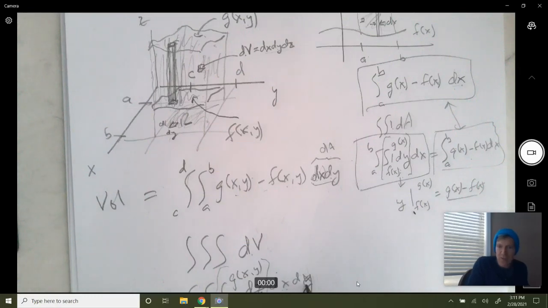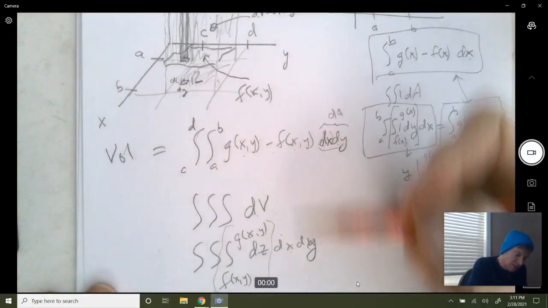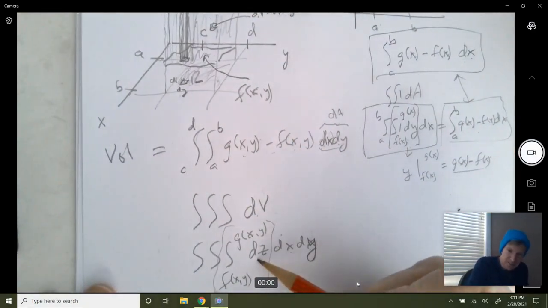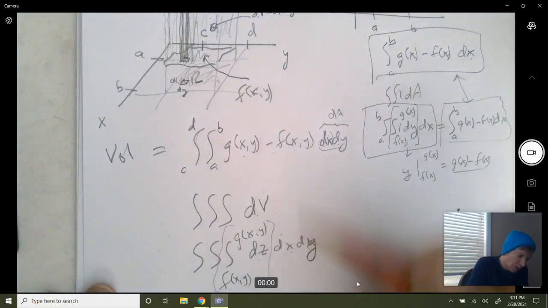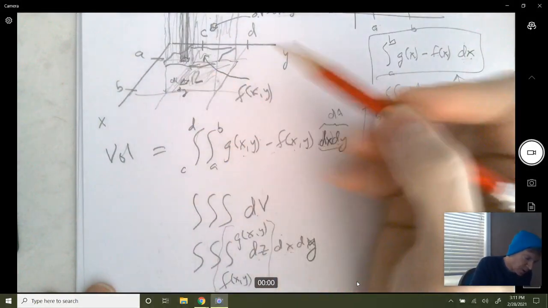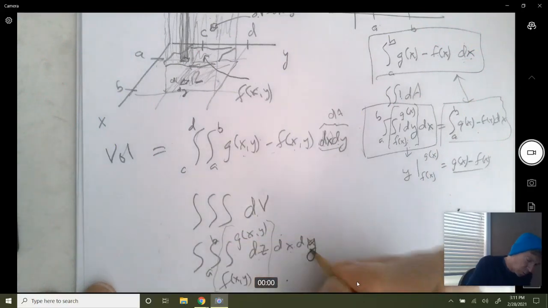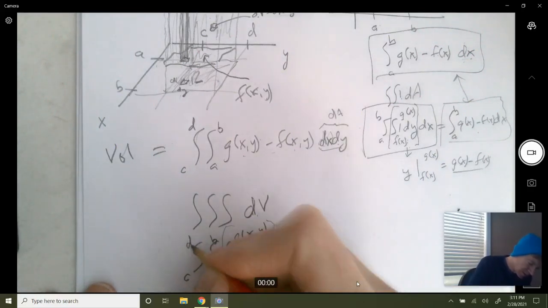That region is the region that you've projected onto the xy plane, this region down here. So your x goes from A to B, and your y goes from C to D.